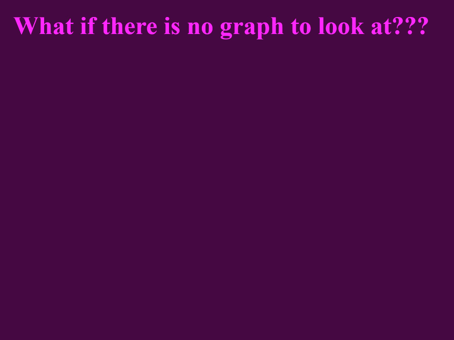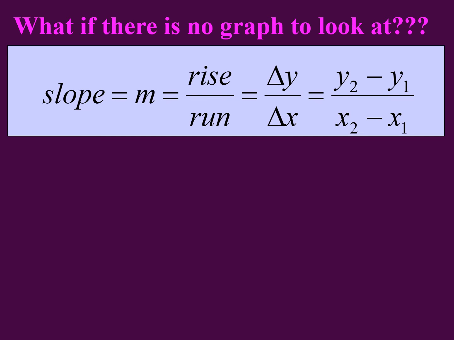What if there's no graph to look at? Then you've got to do the formula, okay? Hopefully back in algebra you were taught that little formula. Sometimes I'll give it to you on the ACT, but it's just subtracting the y's. Remember how we did with midpoint? We added them. Well, when you do slope, you want to know how much it changed, the difference in the space between them. Like, did it go 2 spaces up or whatever?